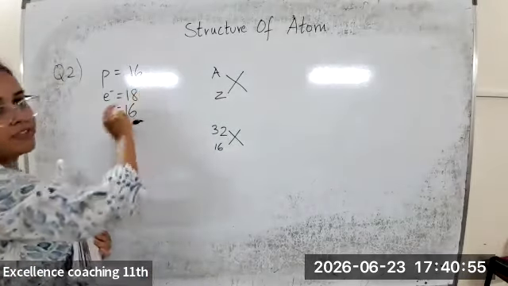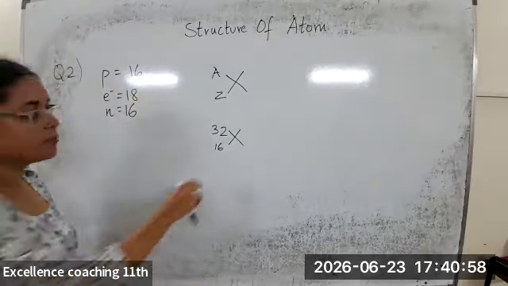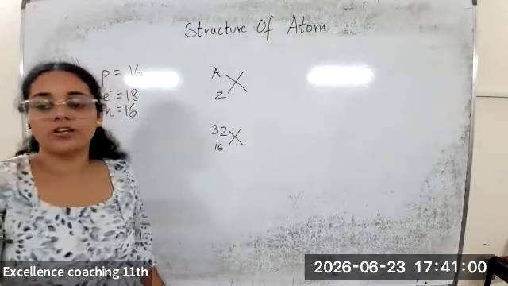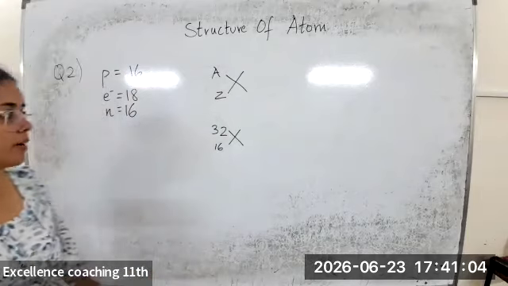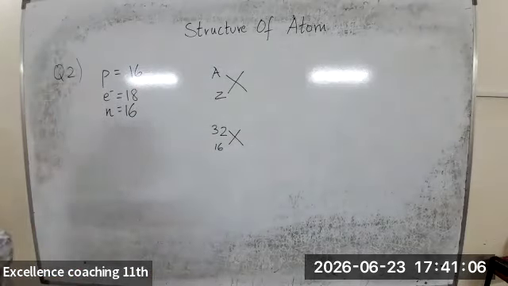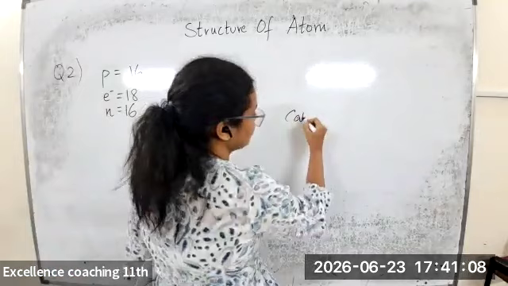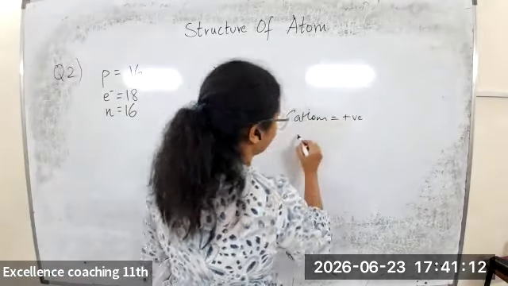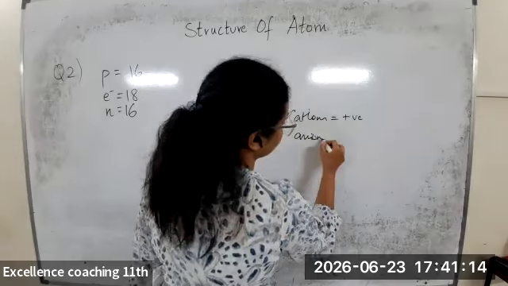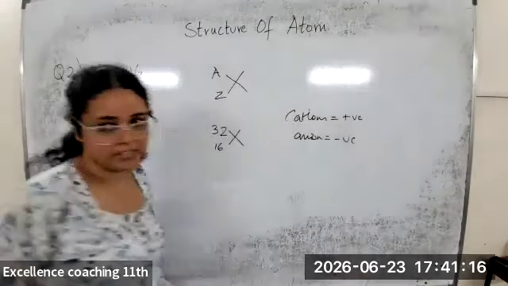Whatever net charge is left will be present somewhere here. That will tell you whether it is a cation or anion, basically. Cations are positive charge and anions are negative charge particles.